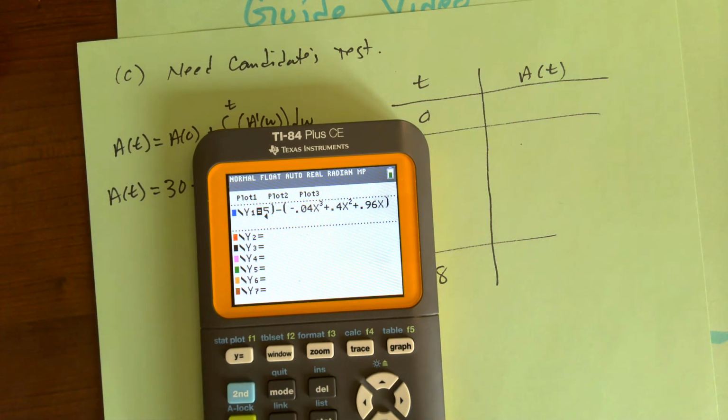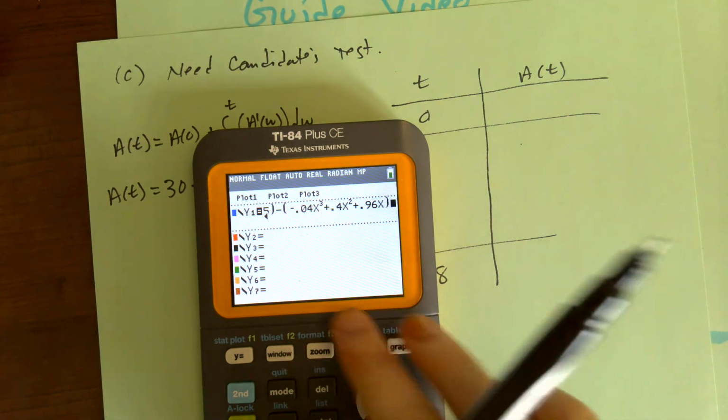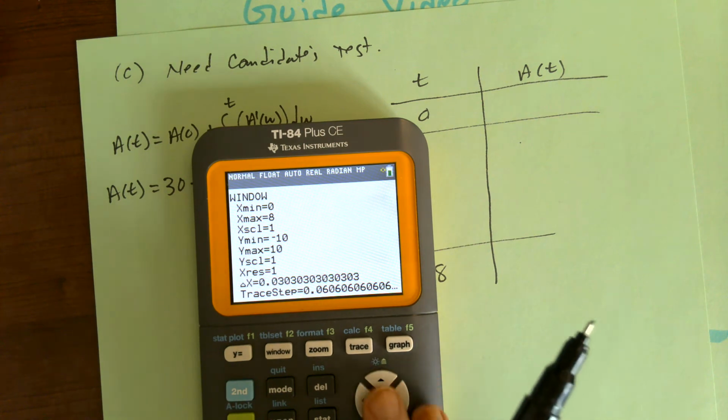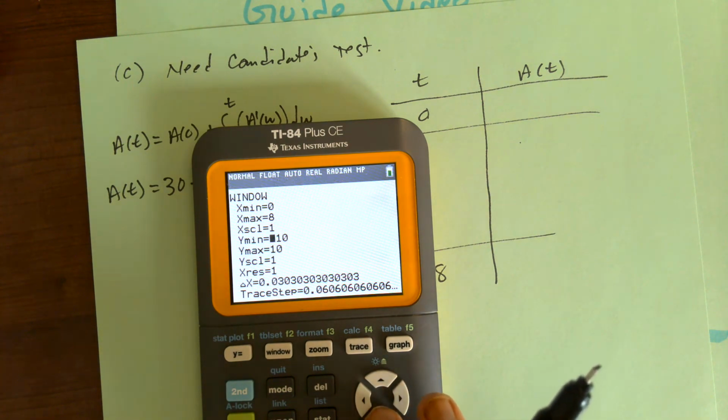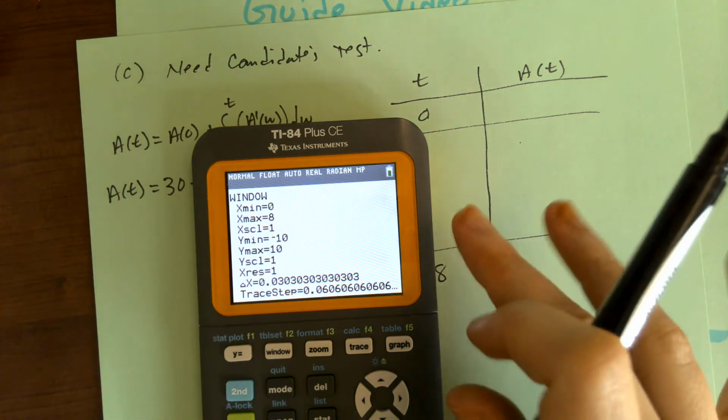Okay, and now I only care about where this is 0 on the interval 0 to 8. So I'll go to my window, make sure x min is 0 and x max is 8, and I'll start with y's from negative 10 to 10, and if I can't see it clearly, I'll fix that.